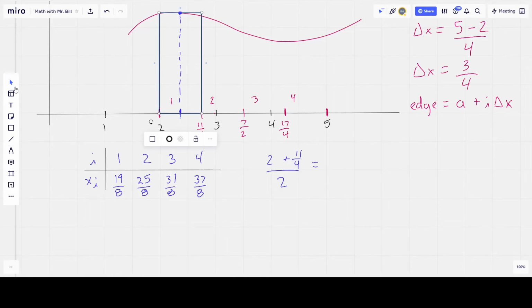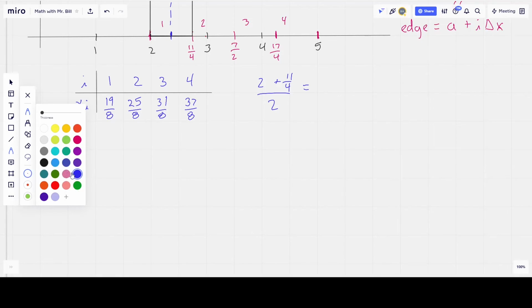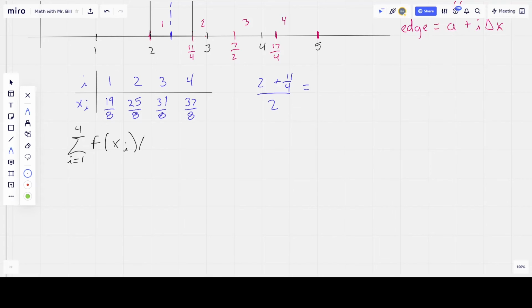And we can do that with each subinterval. So now we just need to fill everything in. We've got our summation from i equals 1 to 4 of f of x sub i times delta x. And once we start to spell this out and put in our delta x, which is 3/4, we get something that looks like this.